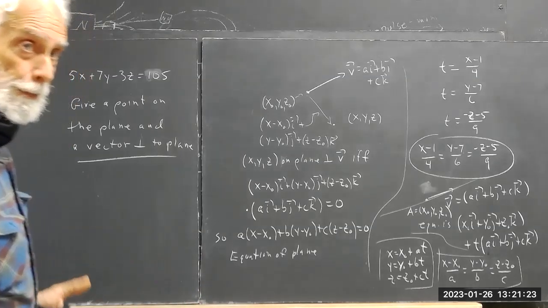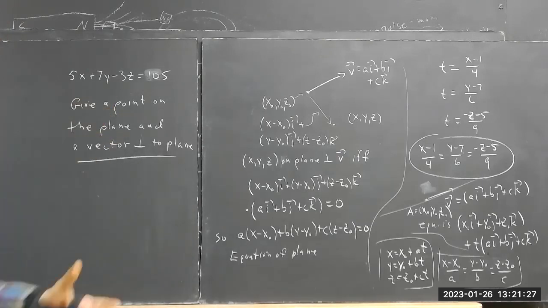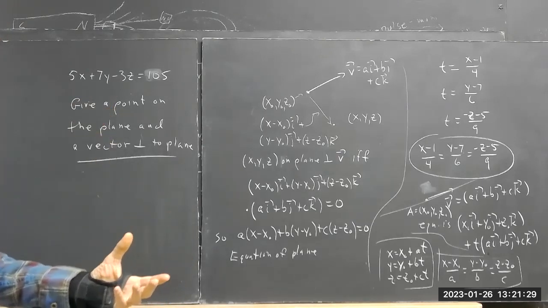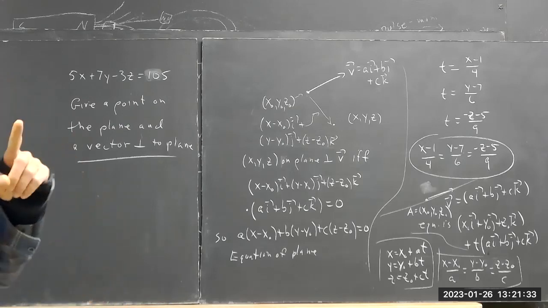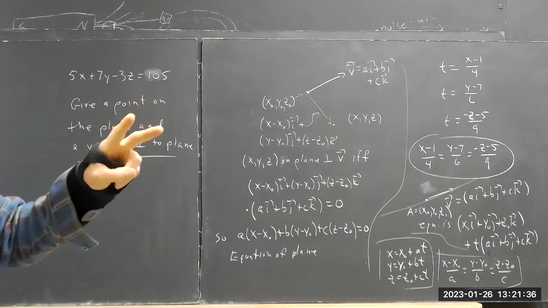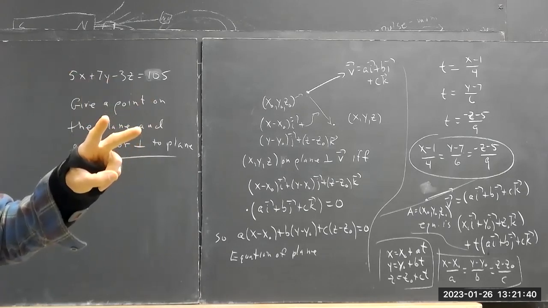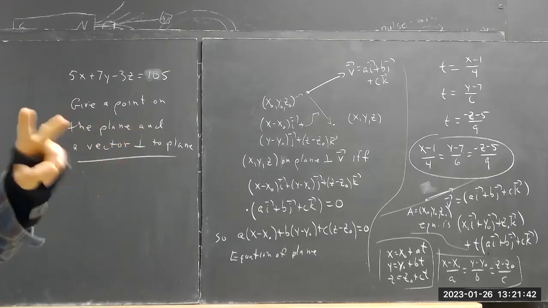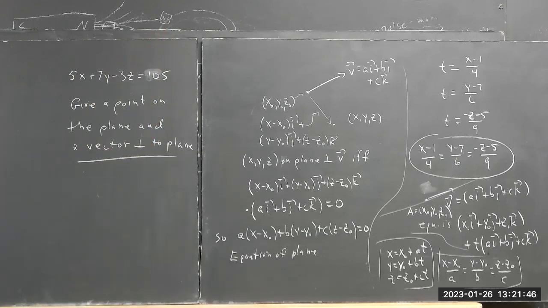After I gave the hint that you can pick any two of these, x, y, and z, and you get the other one and get a point. Everybody picked at least one of those to be 0. I picked two of them to be 0. And then you get axis intersection.